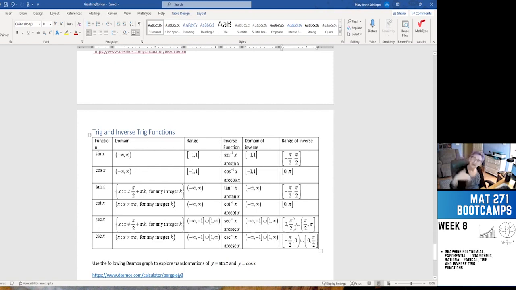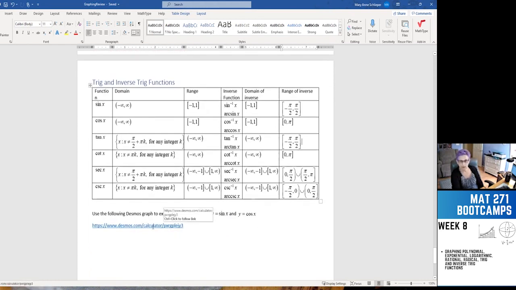And then their ranges are the same except the bad guys are removed. So the range of arcsecant is the same as the range of arccosine, except it's not allowed to have pi/2 in it. And the range of arccosecant is the same as the range of arcsine, except it's not allowed to have 0 in it.